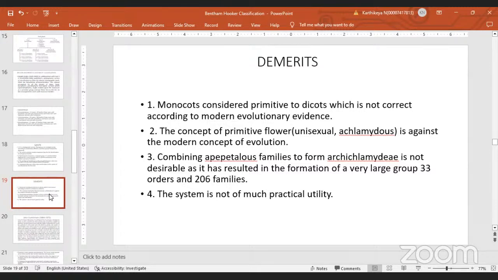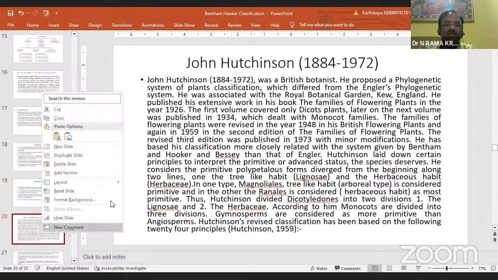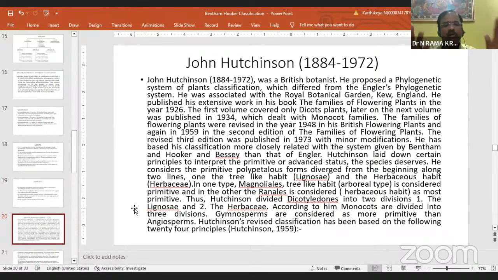After the next classification, its name is Hutchinson classification. Here you see the Hutchinson classification. Hutchinson proposed a system of classification essentially parallel to the basic one.